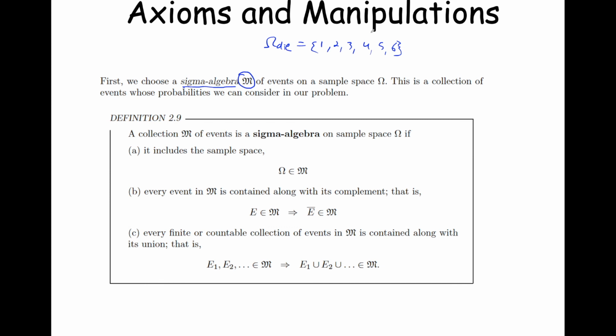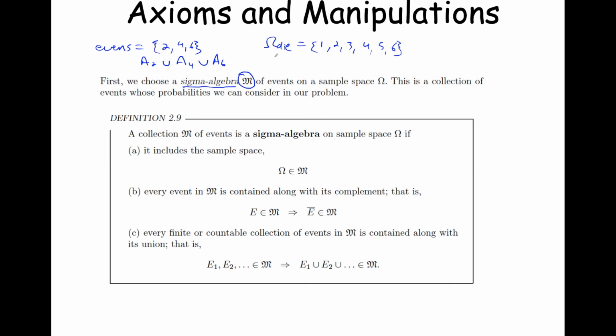Now, we just had an example on the previous page where we talked about evens. And we said the evens are those outcomes that are not odd, the same as 2, 4, 6. And this {2, 4, 6}, we can build up as the union of the event corresponding to the 2 outcome with the event for the 4 outcome with the event for the 6 outcome.